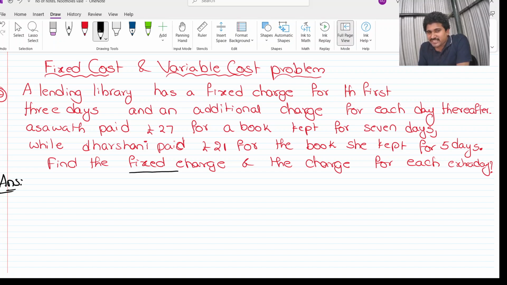Find the fixed charge, the charge for each extra day.